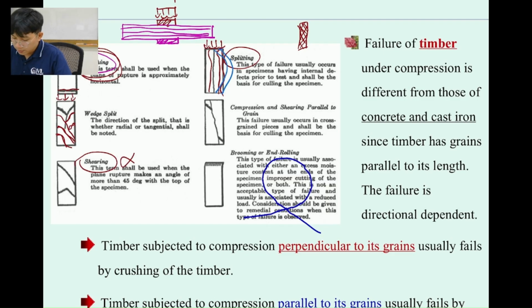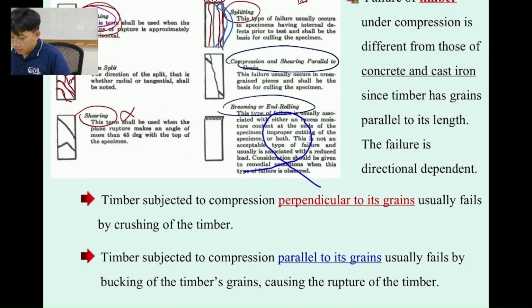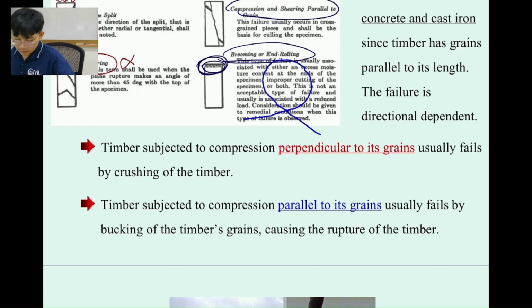All right, next one is going to be compression and shearing parallel, and then the brooming or end rolling, which means it has no grain, and it's really hard on the top, so that's why it's going to fail at the top of the sample. So we call it brooming. Okay, so two points to be remembered: when the timber is subject to compression perpendicular to the grain, it usually fails by crushing.